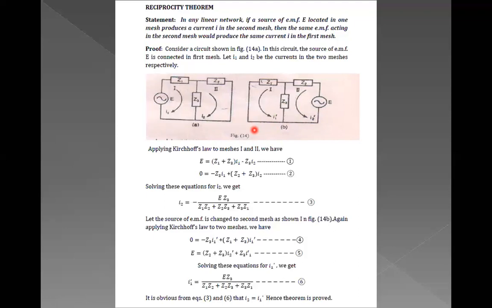Solving these two, by finding the value of I1 dash, because we are bothered to find the value of I1, I1 dash equals E into Z3 by Z1 Z2 plus Z2 Z3 plus Z3 Z1.